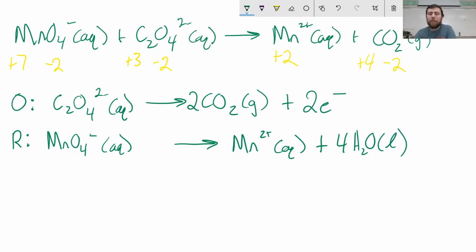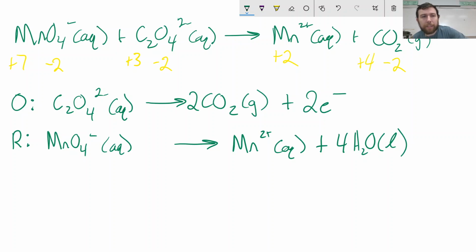All right. And so now we look at that. We've got 4 oxygens on the product side. We've got 4 oxygens on the reactant side. Now, in doing that, we just introduced hydrogens. This is where the fact that this reaction is in an acidic solution is going to come into play. We know that in order to balance out the hydrogens, we're just going to add an appropriate number of H+ ions to the opposite side.